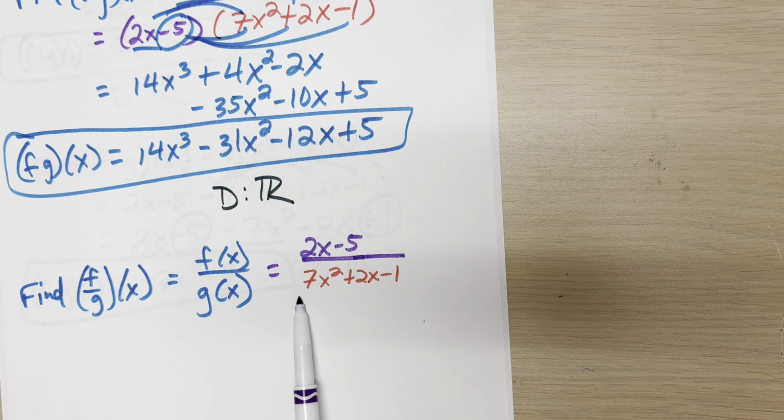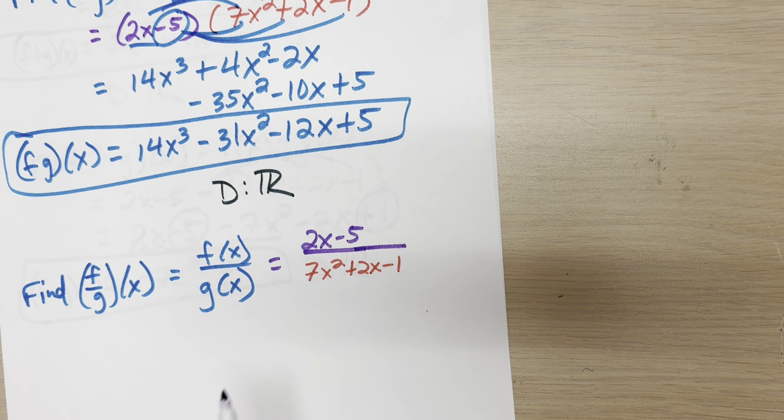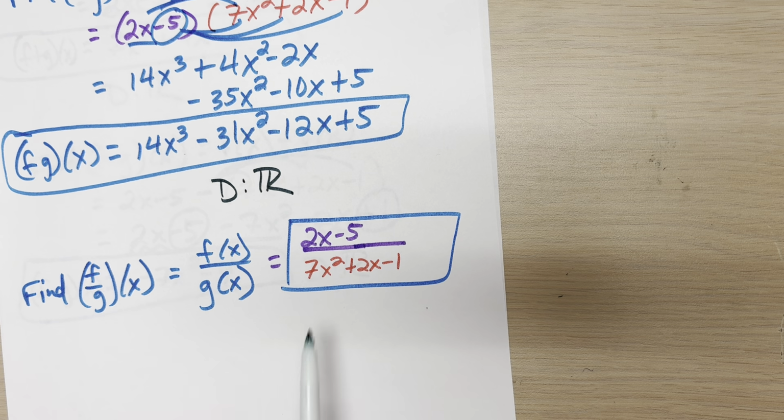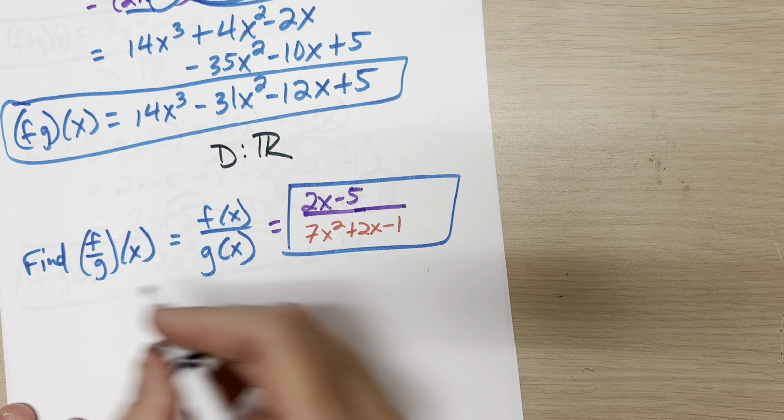I don't think that's going to factor. There are no factors of -7 that add to 2. So we'd have to do quadratic formula down here to figure out our domain restrictions. In regard to our answer, we're done. That's all we can do. And I really should have thought about this because this domain restriction is going to be gross.